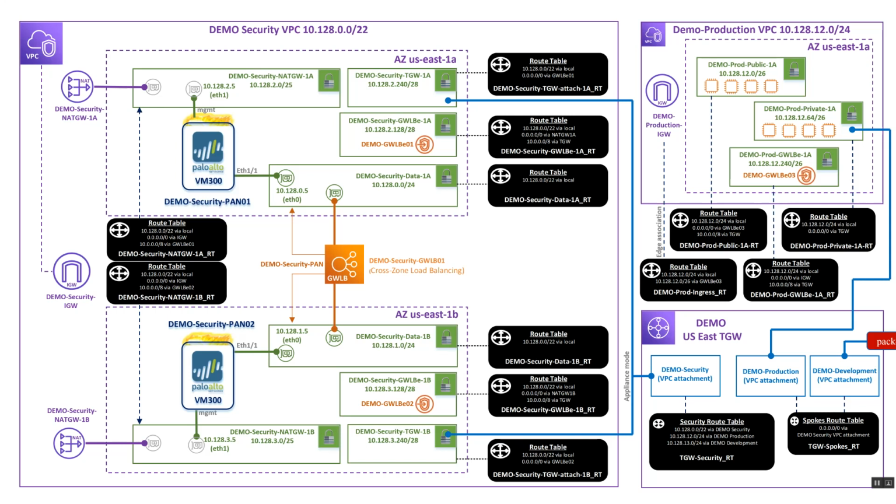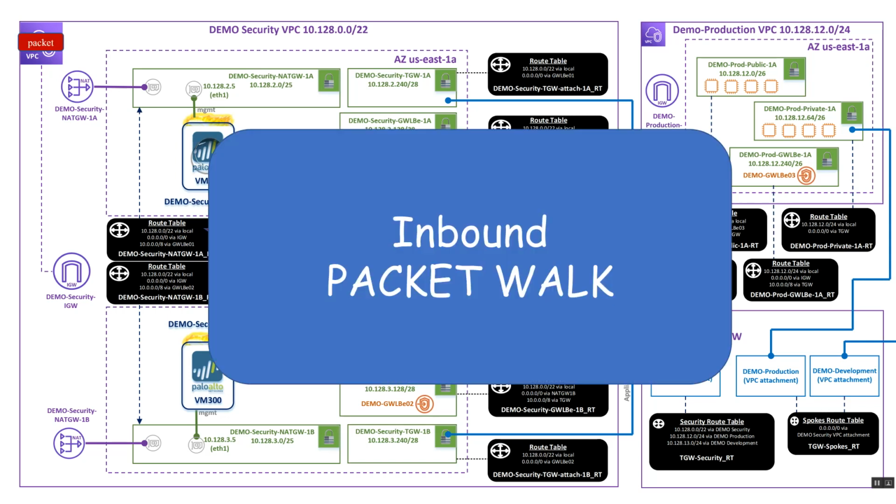But anyway, that would be the communication pattern, and I'm not going to show you what the return traffic would look like because it's going to take the exact same path through the firewalls to communicate back to the production system here, right? But I'm just showing you the general traffic flow to get to the load balancer and to one or the other firewall.